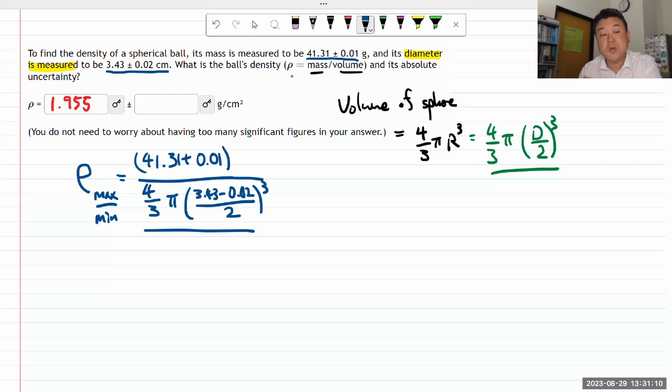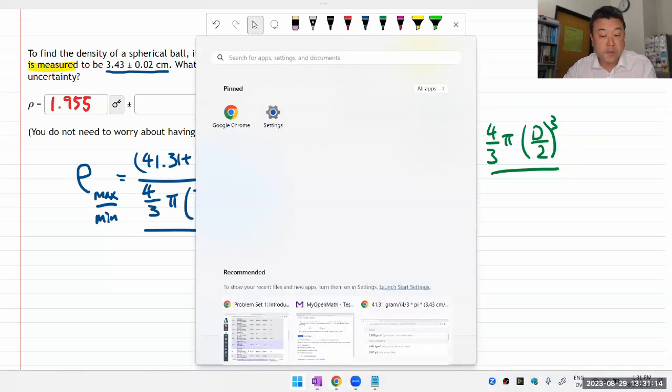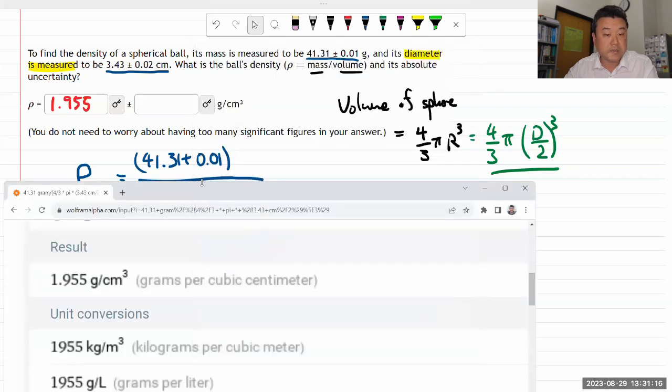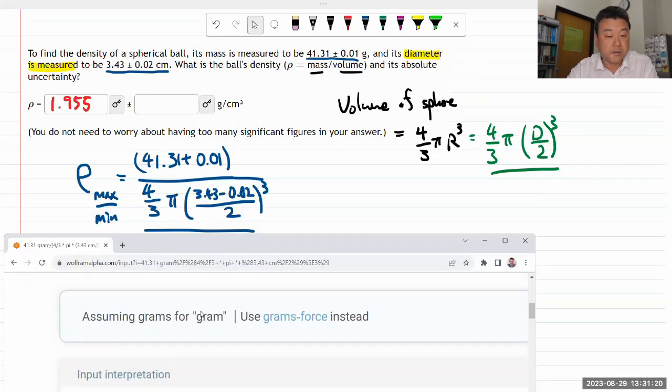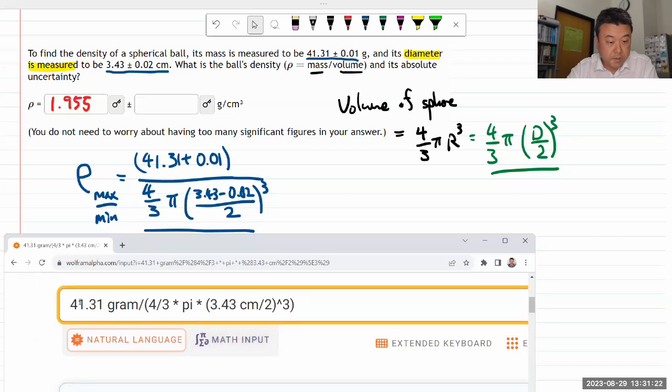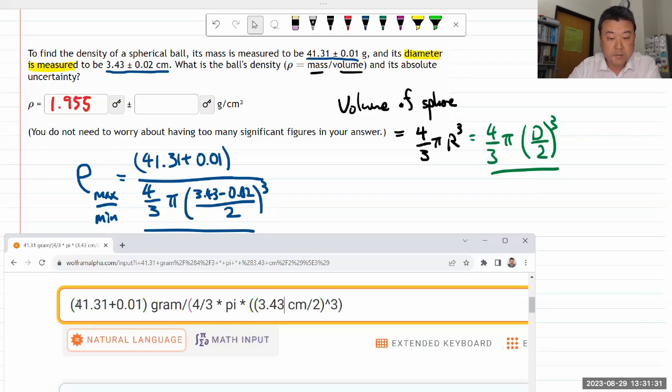So this is the number I want to calculate. That'll give me the maximum estimated density, and I can go from there to figure out, okay, what's my uncertainty in the calculated density. So let me put in for the mass, that's going to be plus 0.01. For the diameter, it's going to be minus 0.02.